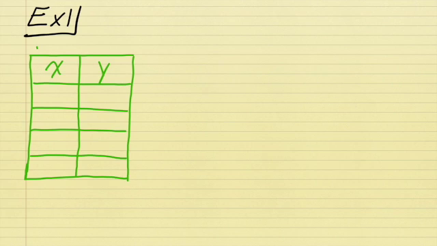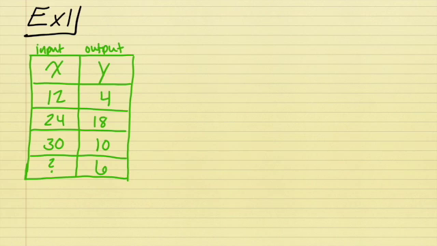So some people will call this the input and the output, just so you know. You could see it either way. And they'll tell you 12 and 4, 24 and 18, 30 and 10, and then they'll have maybe like a question mark here and a 6.